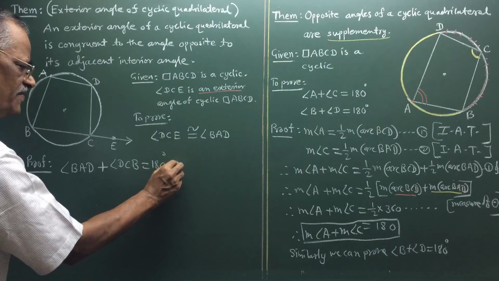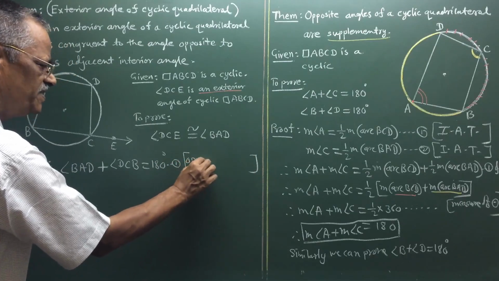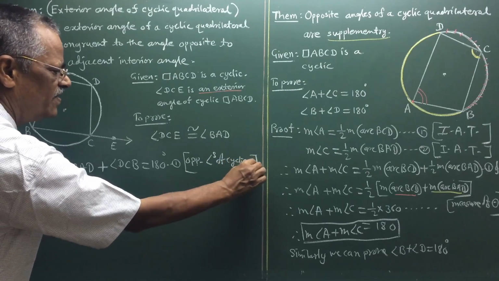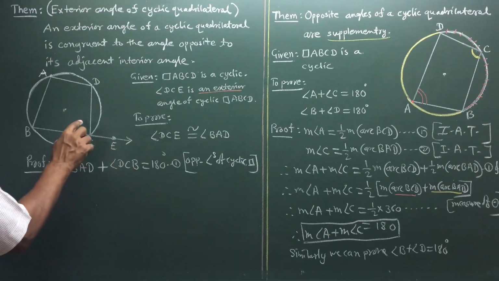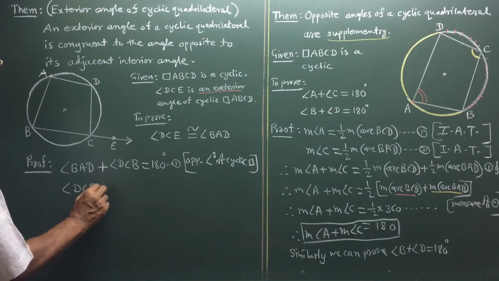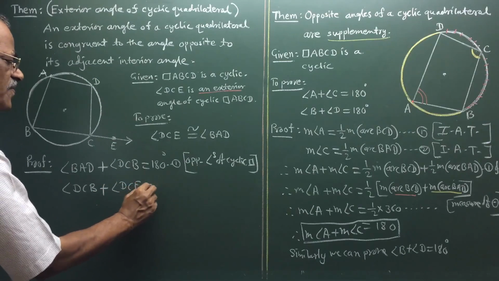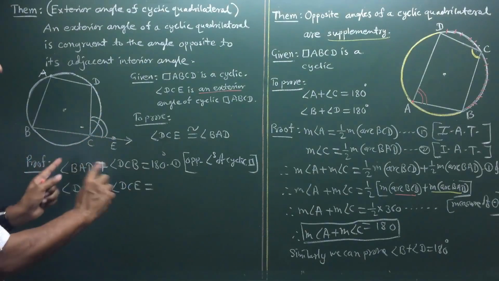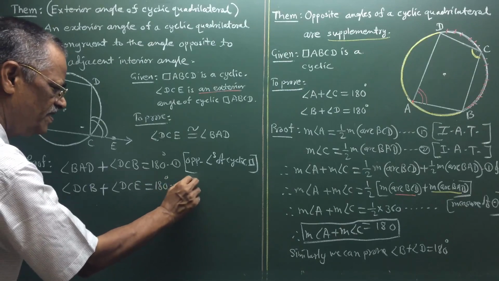Definitely it is 180. They are supplementary. Now we can find out the total of DCB and DCE. You know that it is a linear pair. So it is 180.